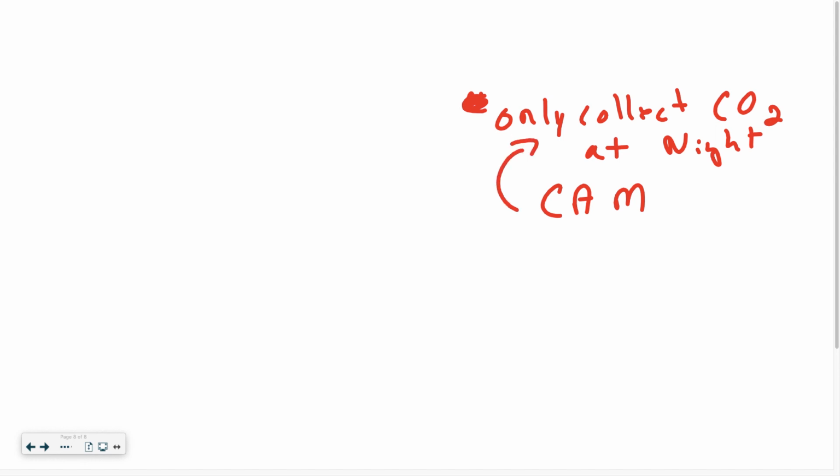CAM plants only collect CO2 at night. What was the other alternative there? What other kind of plants were there besides CAM? C4. The C4 plants. And the C4 plants had intermediates that were 4 carbons long instead of 3 carbons long, like the ones we had in regular photosynthesis. But both were to conserve water.